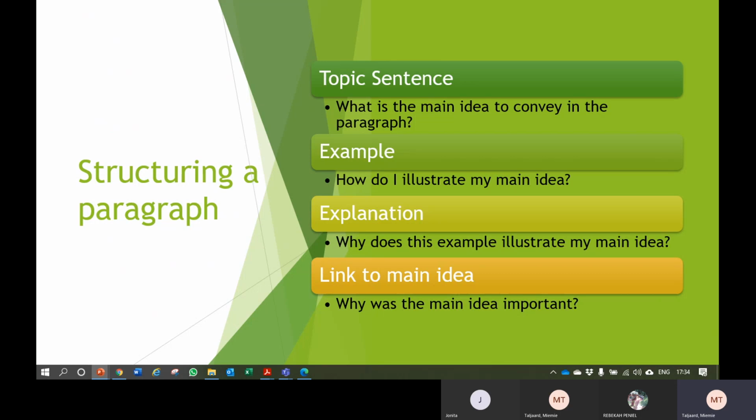But in your case, the paragraph is the necklace. Your sentences are the beads that make up your necklace. And therefore, you need the string to keep them together. And those are the transition words.